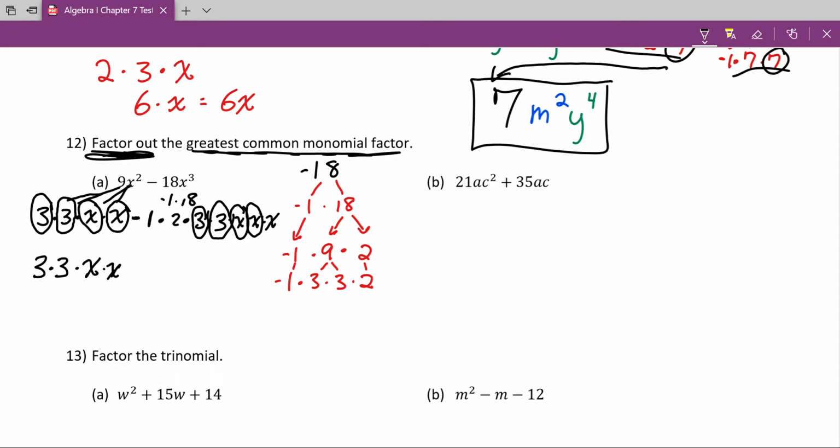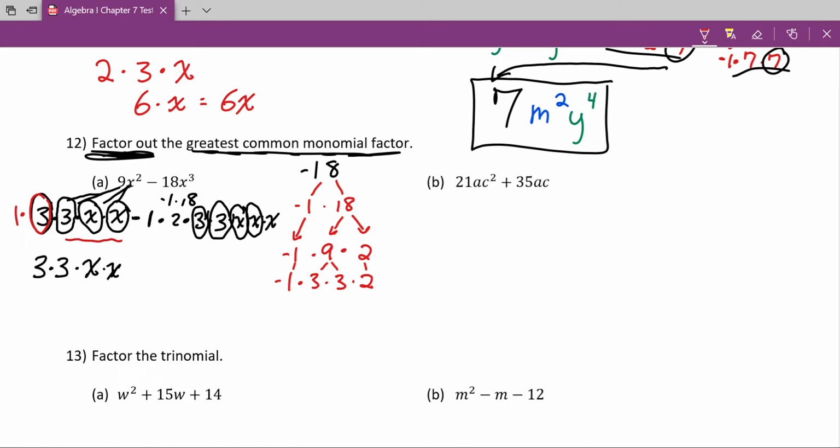So if you notice, 9x squared, we actually circled all the factors. The only thing left over is, if I broke one of these 3's down right here to be 3 times 1, that 1 actually stays put. So this is actually considered a leftover.